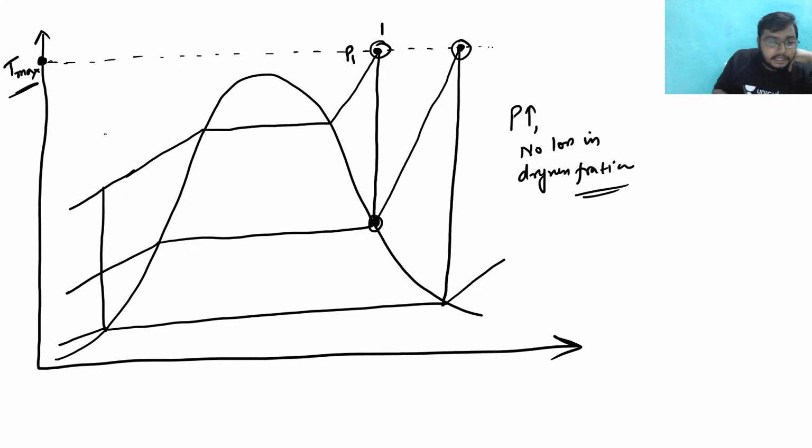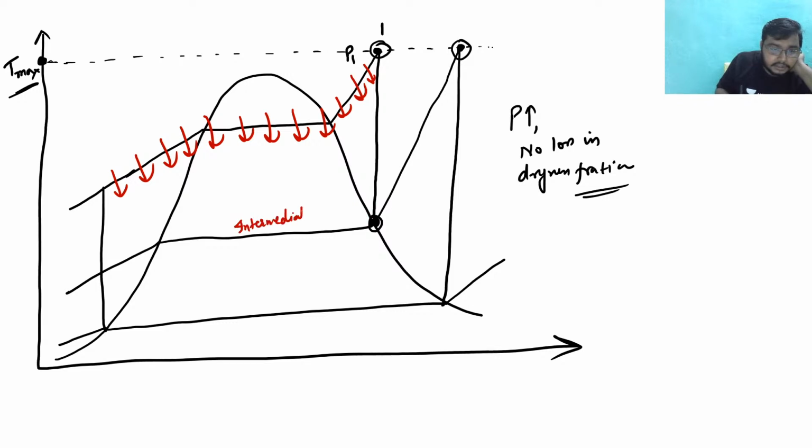We will heat the component at the maximum boiler pressure and expand it till an intermediate pressure. So I will expand it till the intermediate pressure line, right?